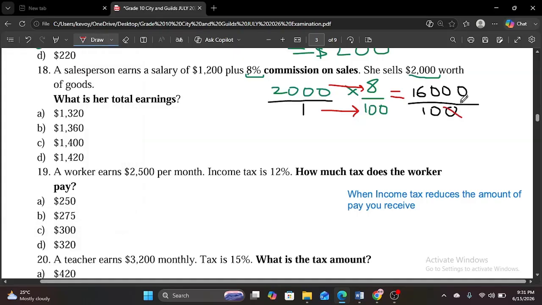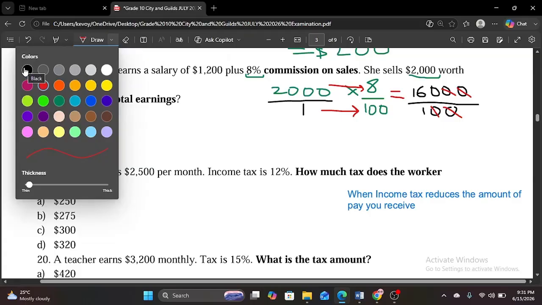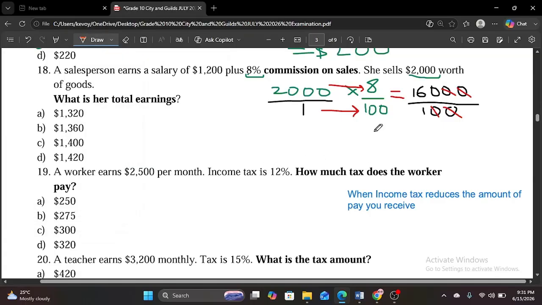So take 1 zero from the bottom, 1 from the top, 1 zero from the bottom, and another from the top. So we're just left with what? 160. So your commission is going to be equal to 160.